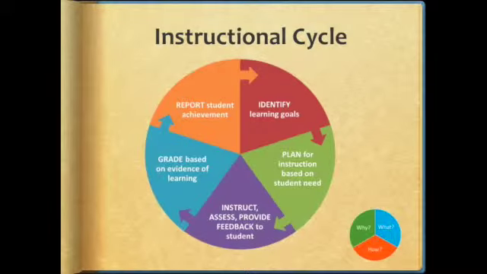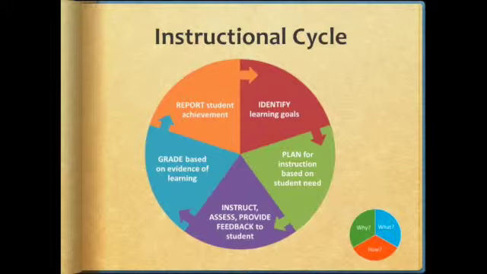When planning for instruction, teachers need to go through the instructional cycle. You start by identifying the learning goals. In this case, it's using those standards that have been sequenced for you. You plan your instruction based on your students' needs, having looked at what the students already know and where you'd like them to go.